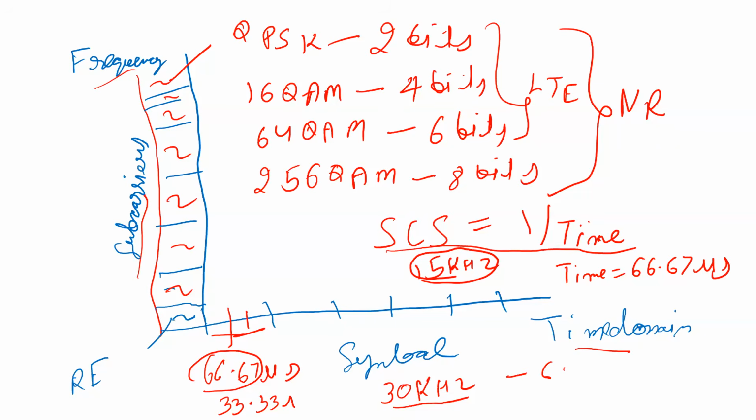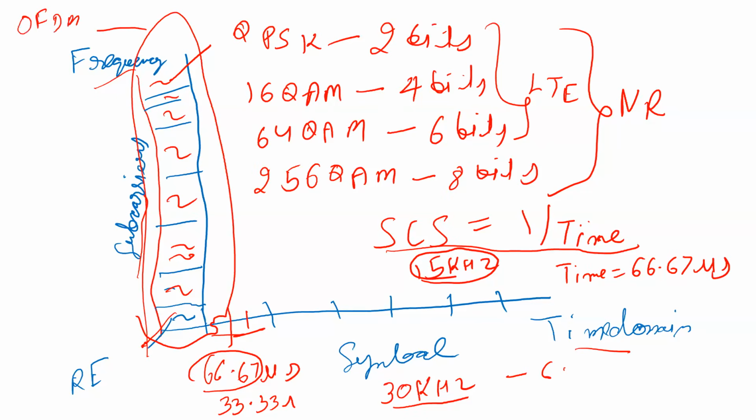and subcarrier spacing is inversely proportional to the time. The name given to one subcarrier by one symbol time is the resource element. And here is where my modulation symbol goes. It could be QPSK, 16 QAM, 64 QAM, and 256 QAM. When I send data over the air, I take all these modulated symbols and combine them into what is called an OFDM symbol.